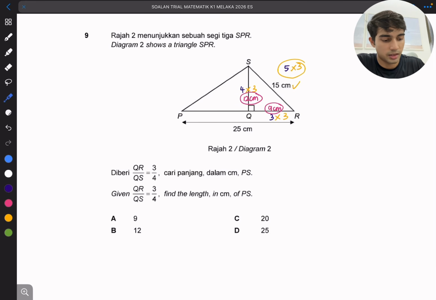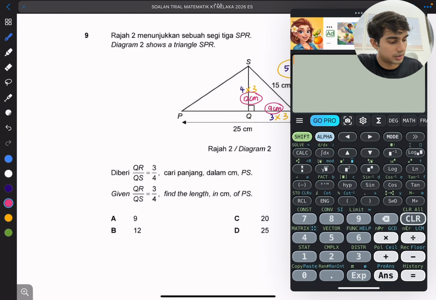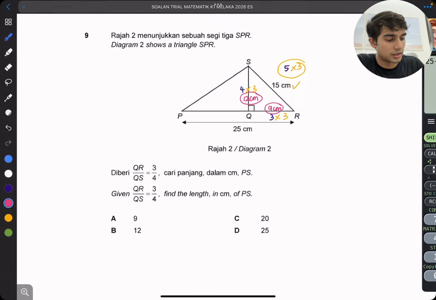Right. Now we need to find the length of PS. This length. This is another right angle triangle. So what you can do is, since we already know this is 9 cm, we can figure this one out now. Because the whole thing is 25. So 25 minus 9 will give us this. 25 minus 9, you can just use your calculator, is 16.